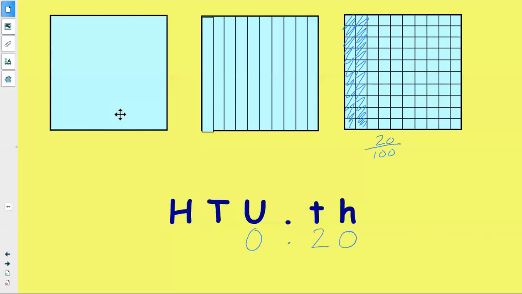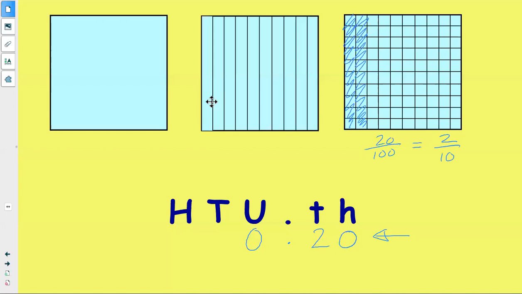Now you know that 10 hundredths is the same as 1/10. So 20 hundredths is going to be the same as 2 tenths. So I can write 20 hundredths is the exact same as, equivalent to, 2/10. So as a decimal, I wrote 0.20.